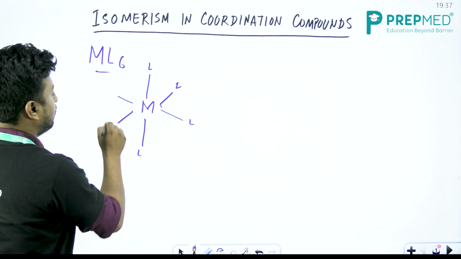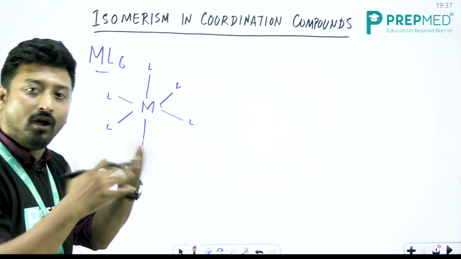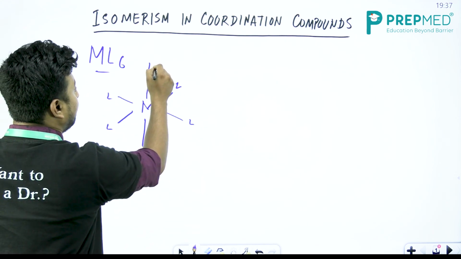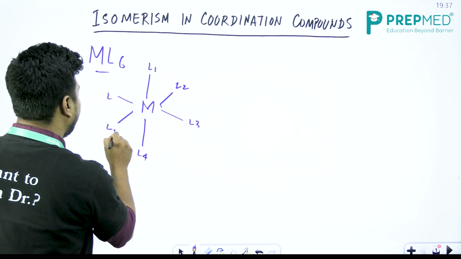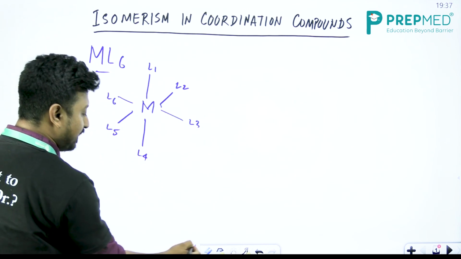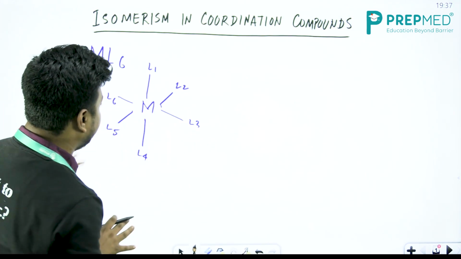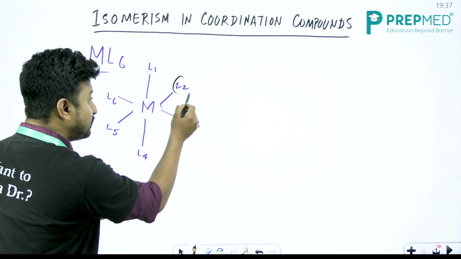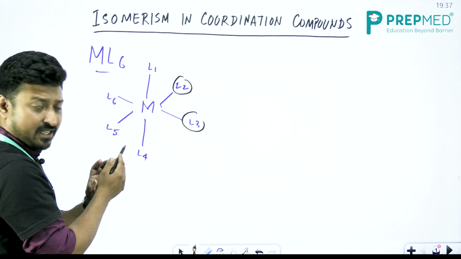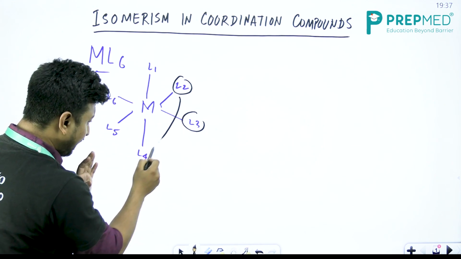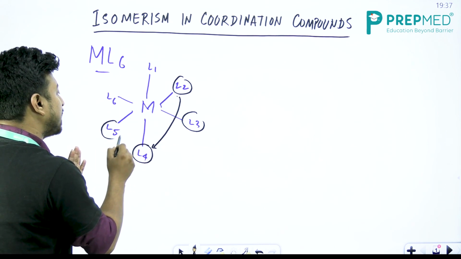Now see, let's say all your ligands are different, L1, L2, L3, L4, L5, and this is your L6. If all ligands are different, then these two will be cis to each other, again L2 will be cis with L4, again L2 will be trans with L5.